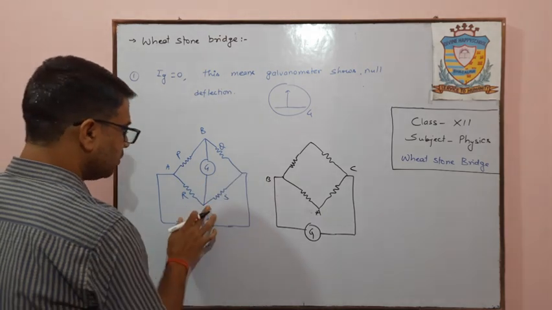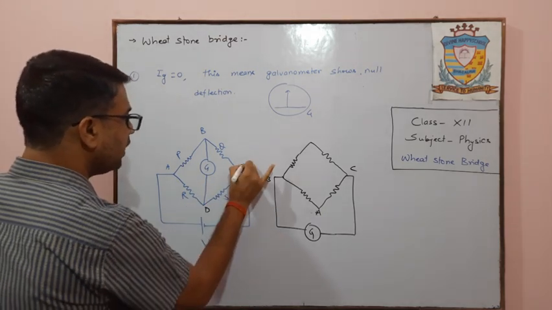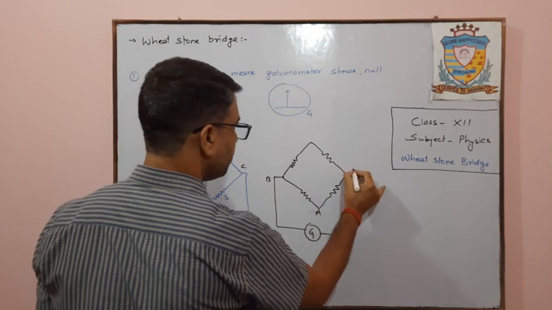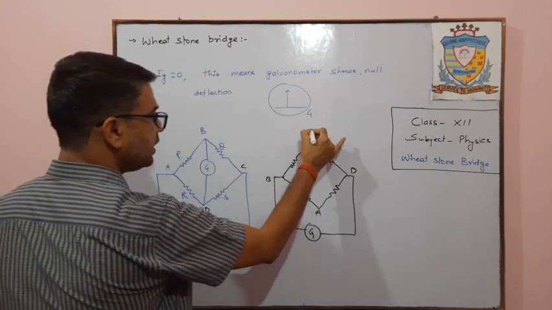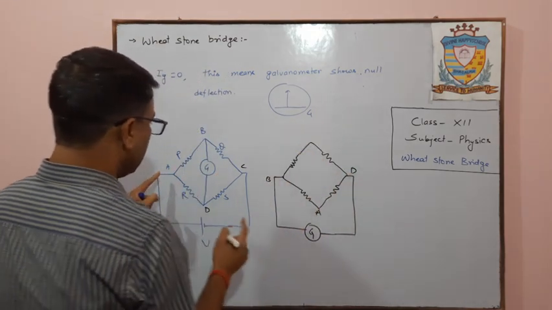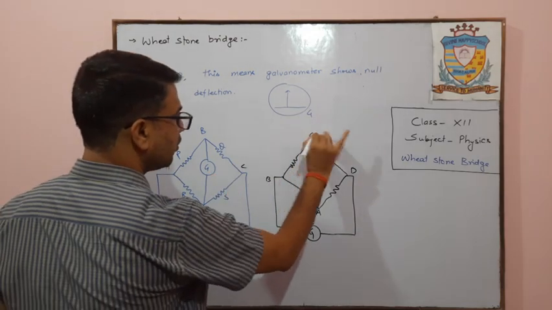So A, B, C, D, and in between A and C we have the battery.